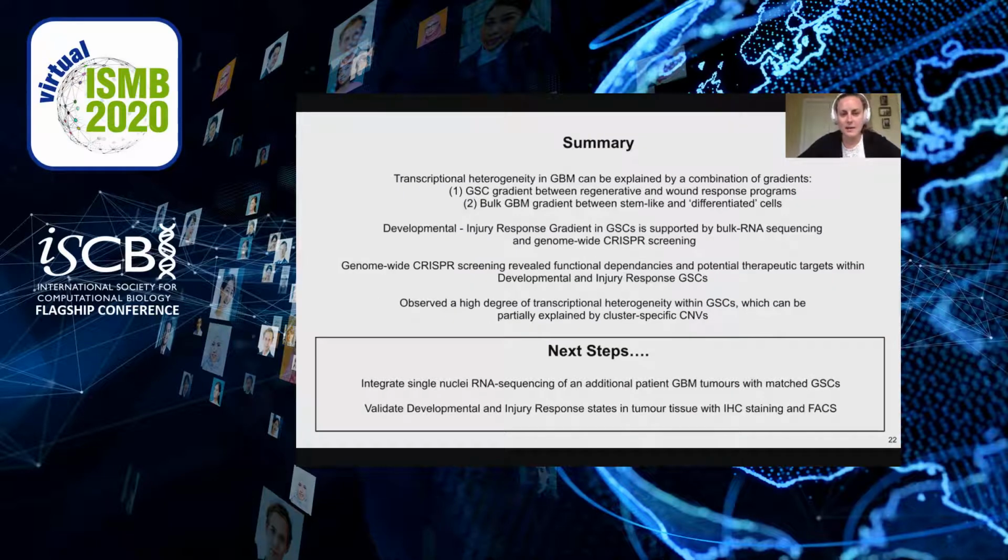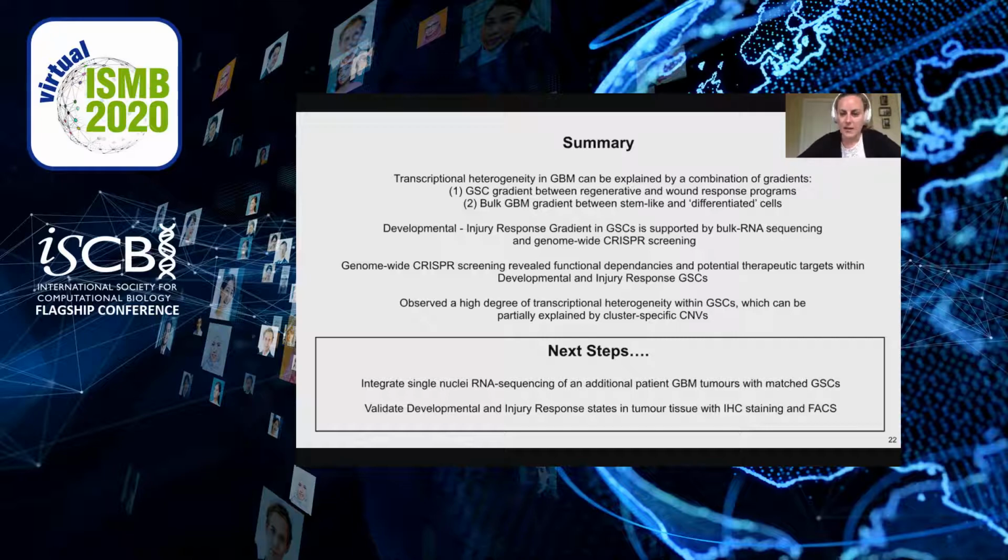So in summary, we proposed a model whereby transcriptional heterogeneity in glioblastoma can be explained by a combination of 2 different gradients. The first is a glioblastoma stem cell gradient between regenerative and wound response programs, and the second is a bulk GBM gradient between these stem-like and differentiated cells that mirror astrocyte development.